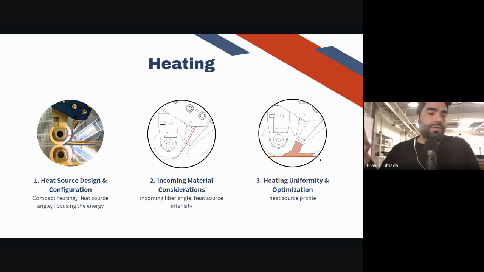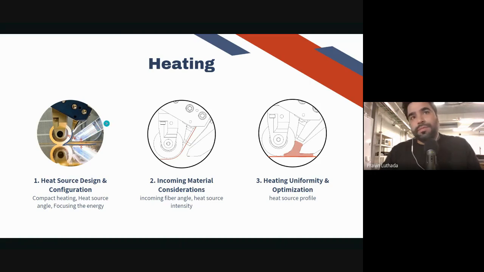Then we go into the actual heating part of it. We now know the temperature requirement, and we know what temperature our bed, mold or tooling should be at to do the thermoplastic placement. The next thing is choosing the heat source. Assuming you have a given heat source available with your AFP system, it could be a laser. In this example, what is shown on the screen is actually a flash lamp.